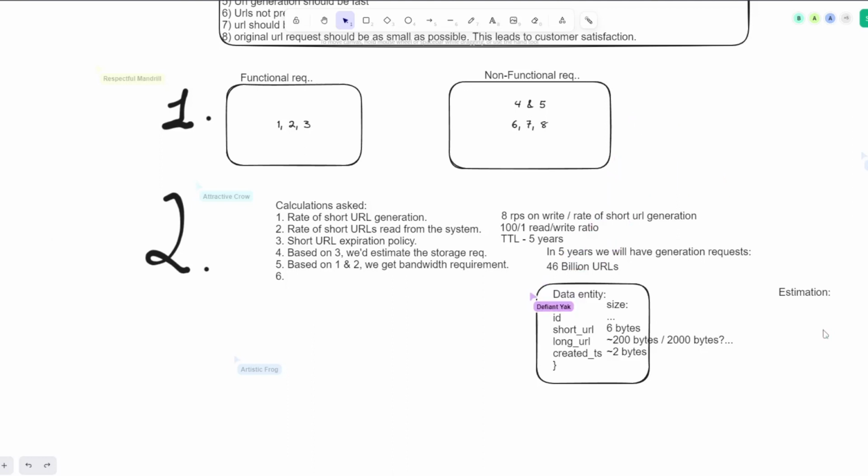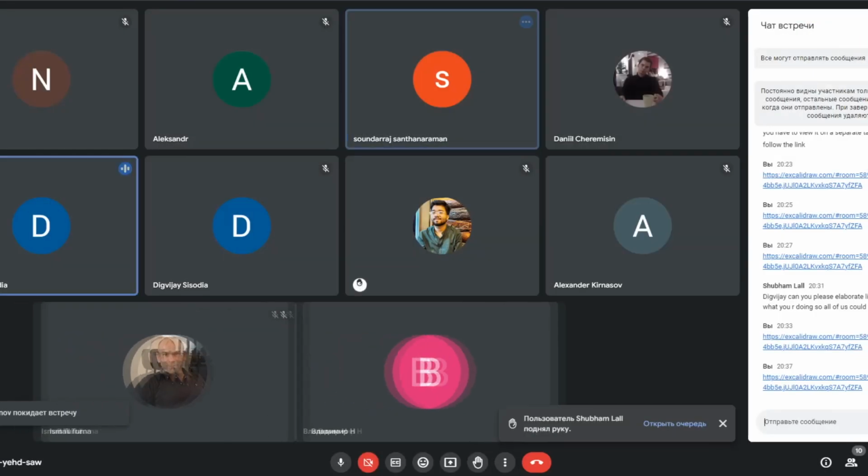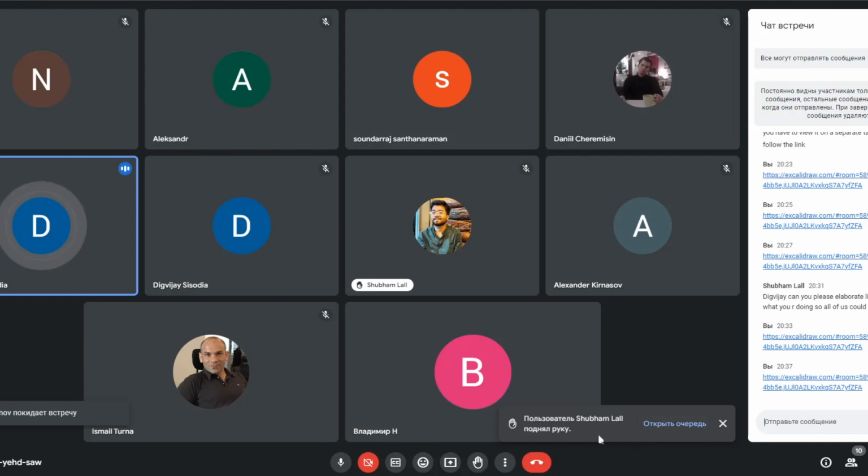I think the biggest number here is 2000 bytes, but should we really think that every URL would be 2000 bytes? It's not an efficient solution, but on average it would probably be 100 or 200 bytes.